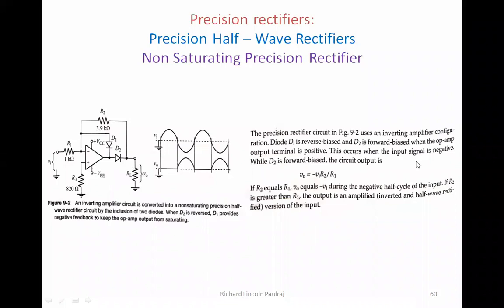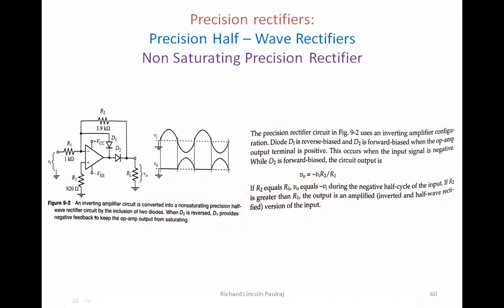So basically you have a diode and a resistor in the feedback network, and RL as usual is the load. Okay. So here now you can see, this is an inverting configuration, where the reverse happens: the positive cycle is clipped off, and we just retain the negative cycle.